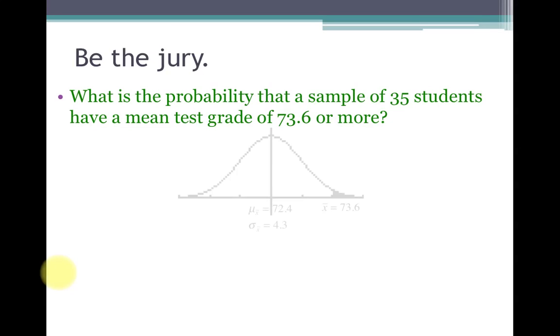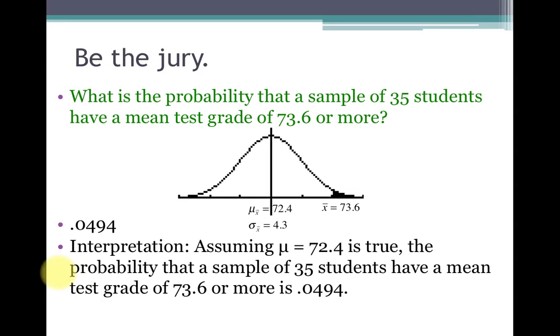So our probability, though, is 0.0494, and the way we interpret it is we say that assuming the population mean 72.4 is true, the probability that a sample of 35 students have a mean test grade of 73.6 or more is 0.0494.